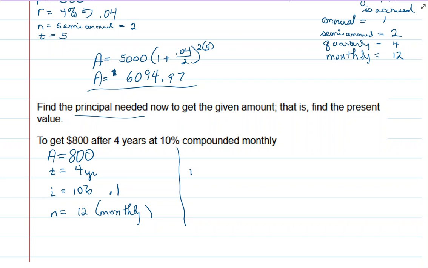So I'm going to write my formula, and I'm going to put in what I know. I have 800. I don't have P, but I have everything else. And this is for 4.